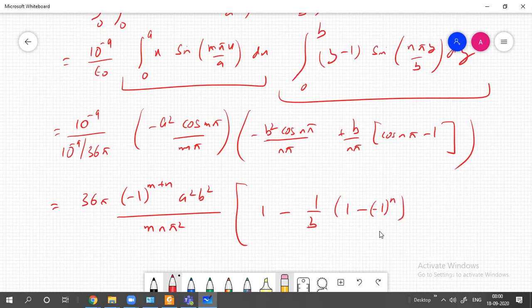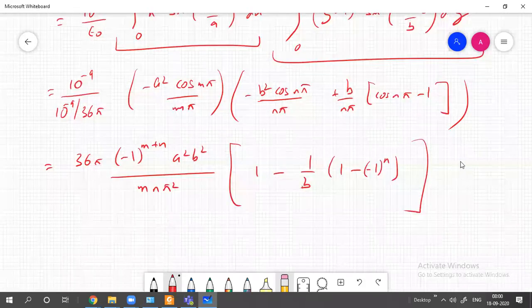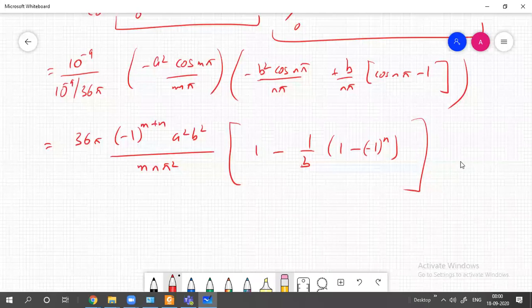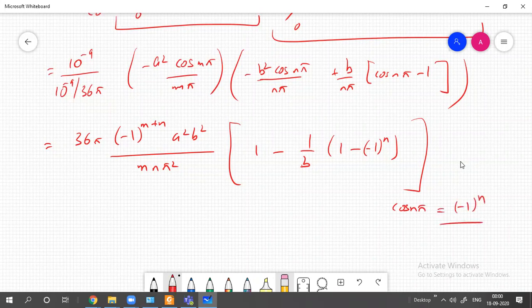This will be our final expression for the integral. For cos n pi we have substituted minus 1 to the power n.